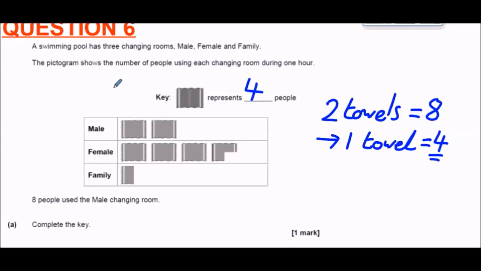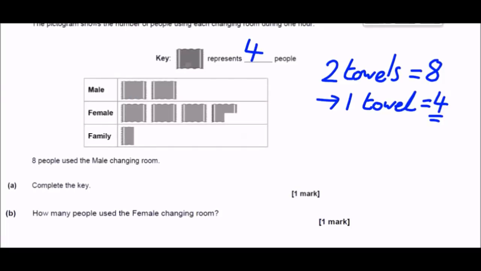Part B of question 6, I'm just going to scroll down to show you. It says how many people used the female changing room. So just looking at the female changing room, we can count up how many towels are in the female row. So the first towel represents 4.